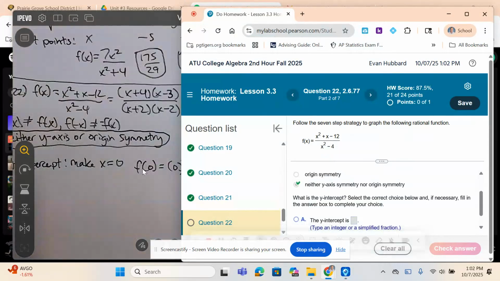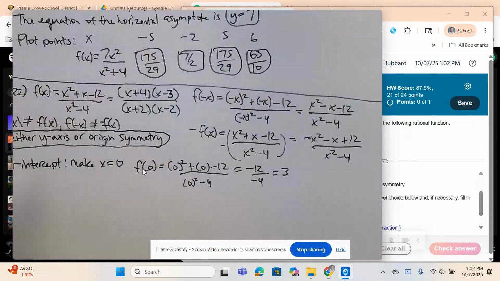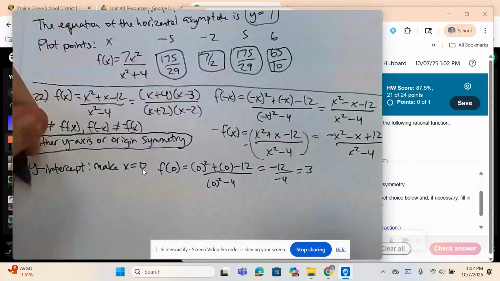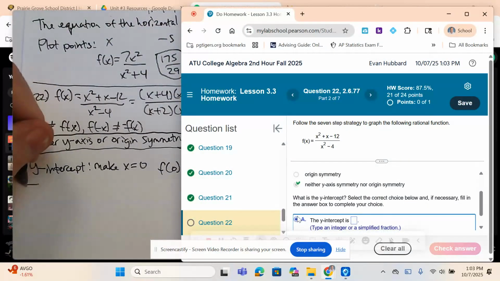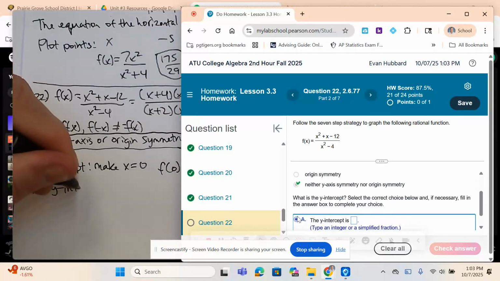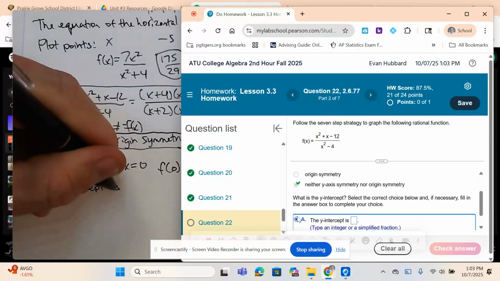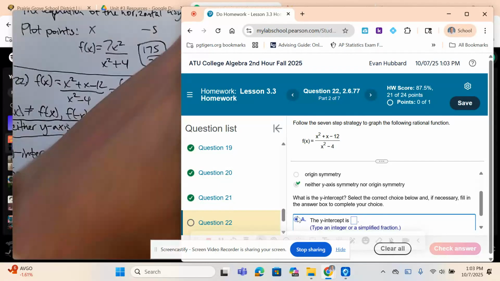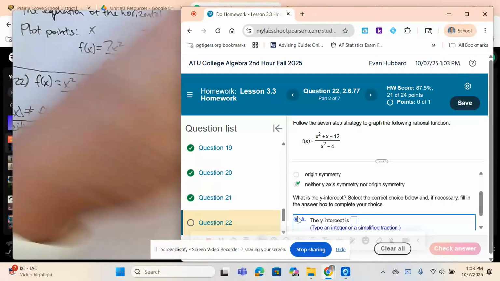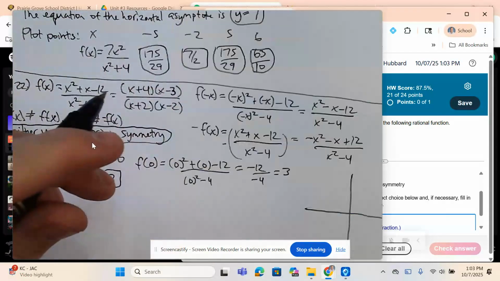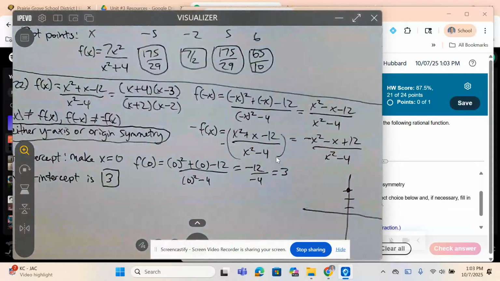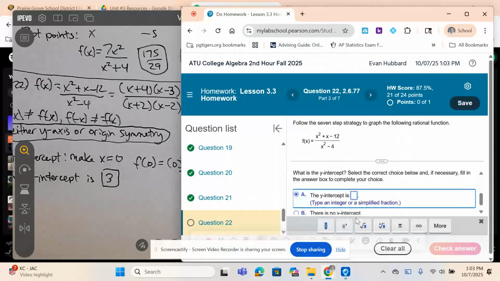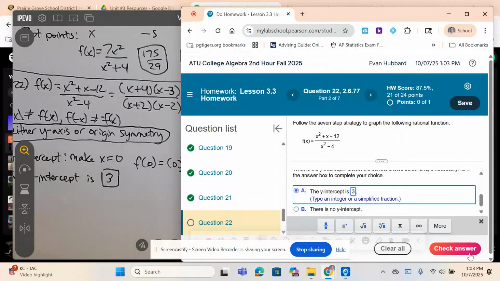So the y-intercept's 3. You could have seen that by looking here. And I need to be graphing this, my bad. So the y-intercept's 3. 1, 2, 3. Check answer.